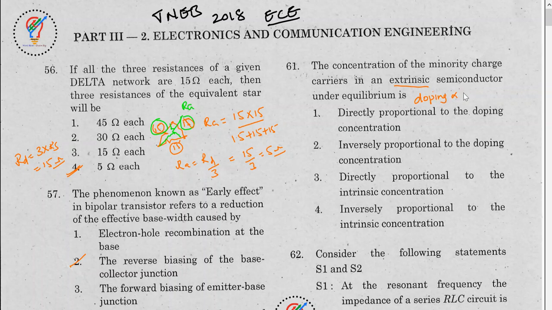So doping is proportional to majority charge carriers, and doping is inversely proportional to minority charge carriers. So the minority charge carrier concentration in the extrinsic semiconductor under equilibrium is inversely proportional to the doping concentration. So the answer will be 2 here.